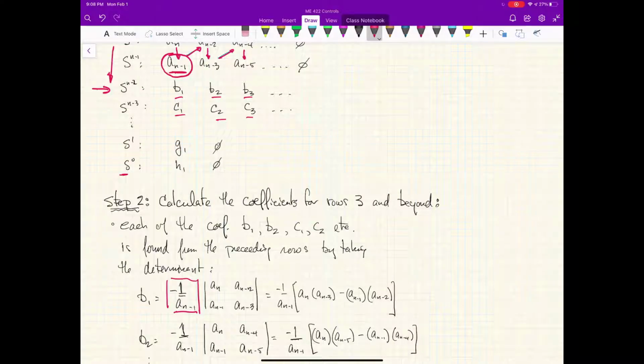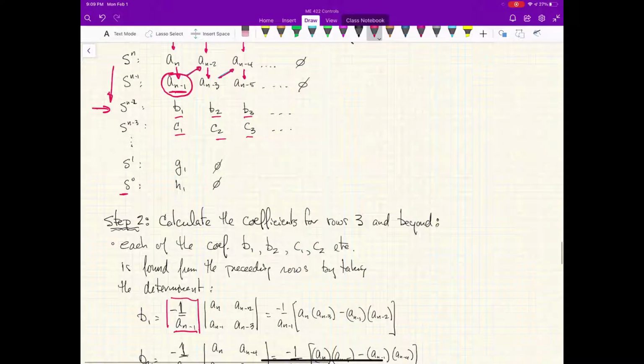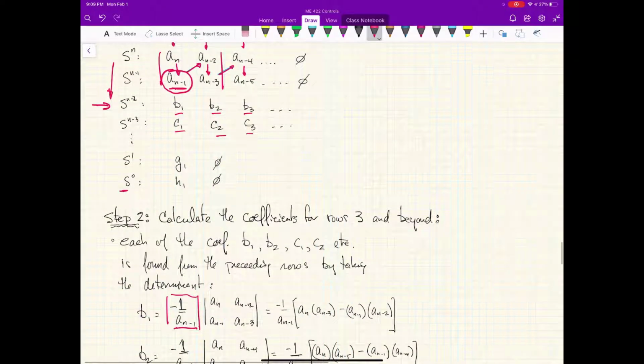And I'm going to multiply it by a determinant, and the determinant is going to be made up by the 4 coefficients that are immediately above it in this particular case. Okay, things are going to change in a moment, but for the very first one, the B1 term, it's the ones that are immediately above it.